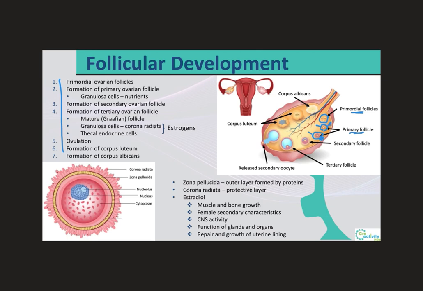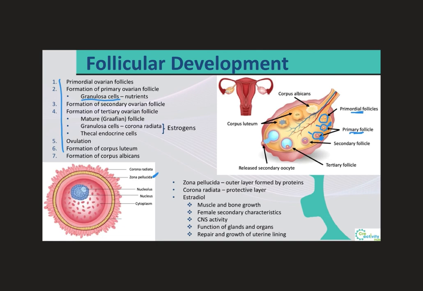These follicle cells are called granulosa cells, and the enlarging oocyte secretes proteins that form an extracellular coat called the zona pellucida around the oocyte, as we can see from this image. The granulosa cells will continually provide the developing oocyte with nutrients, which will be important for its development.